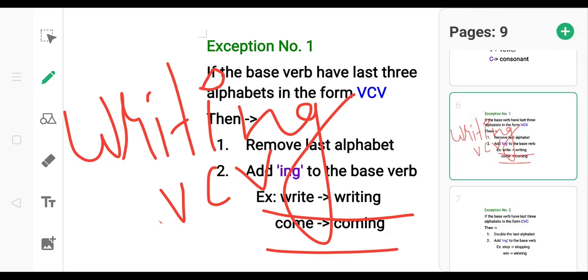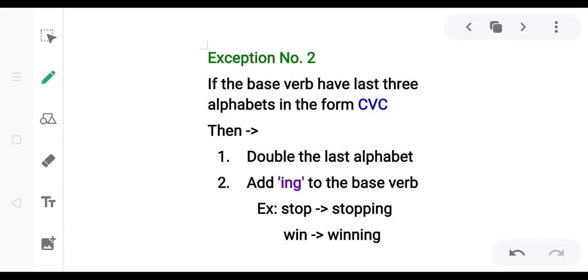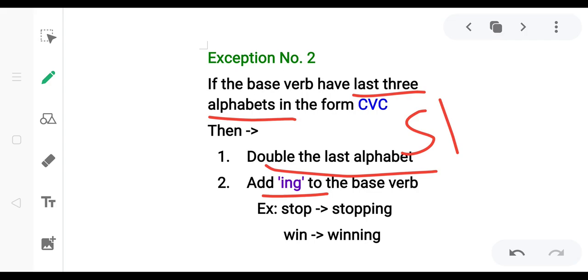Moving further, for the next exception: if the base verb has its last three alphabets in the form CVC, we will check the last three alphabets of the base verb. If they are CVC, we will double the last alphabet of the base verb, then add ing. For example, take stop, S-T-O-P.